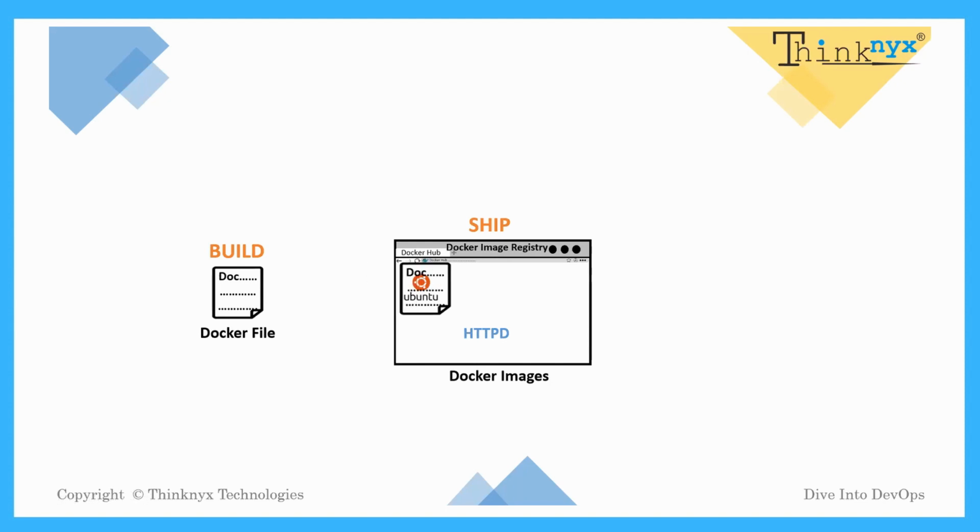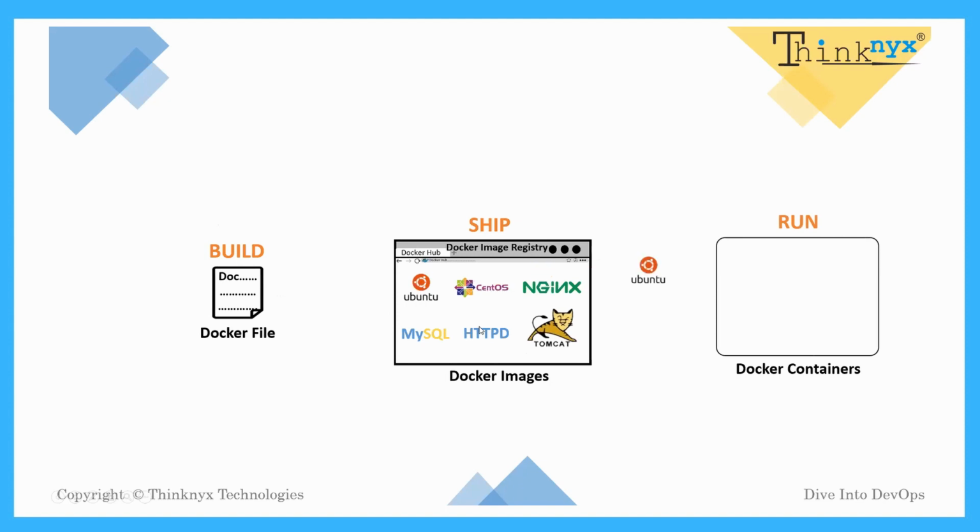So to run a container, the minimum thing you need is an image. So Docker provides us the flexibility to build that image. Once the image is built, we share that image. Sharing of an image is actually known as shipping of an image. And when you talk about ship, you always talk about a new technology which is known as registry.